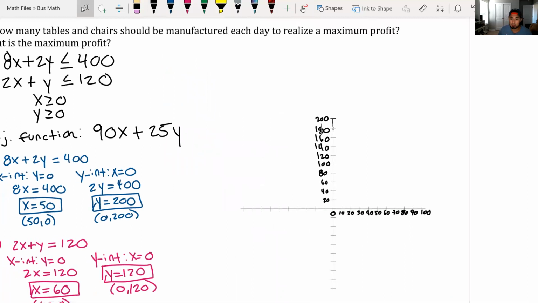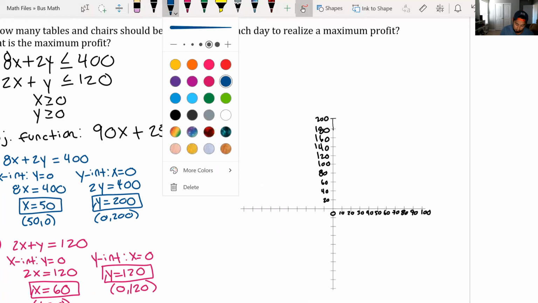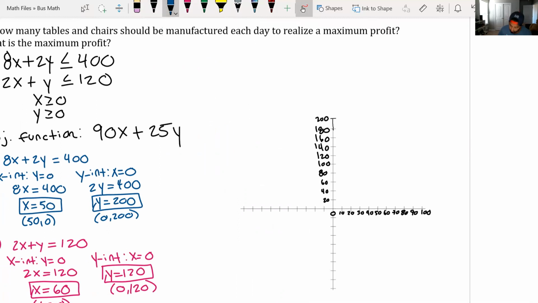And now let's plot. 50 and 0, right there. And then 200, right there. Make a straight line.